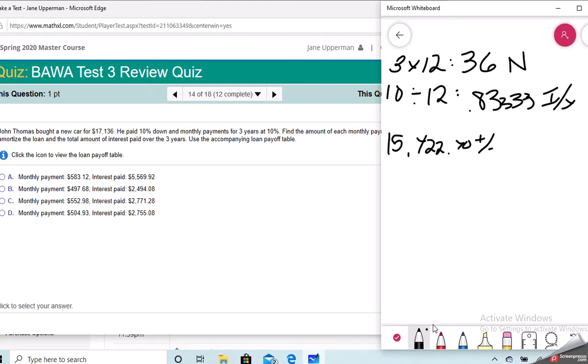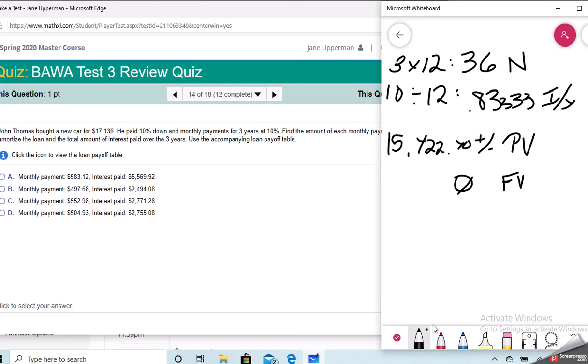I'll hit my plus or minus button to make that negative, and that's my present value. We're computing the payment. The future value of a loan is always, always, always 0. So do not ever put the amount that they're financing in as the future value. They're borrowing it today. By the time they pay everything off, they owe 0.